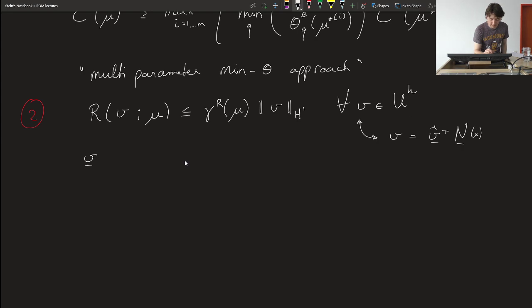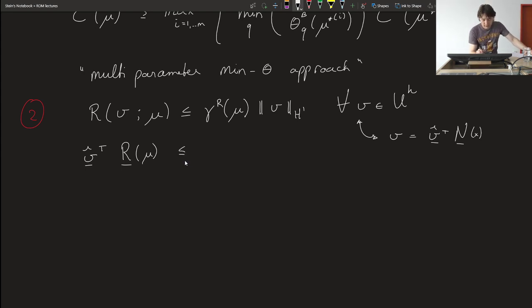Then we can rewrite this whole statement as v hat transpose times a residual vector, which now becomes parameter dependent as well. The statement above was a linear form, would be an integral, whatever. In this finite dimensional case, we can write that as the vector of coefficients multiplied by this data vector.